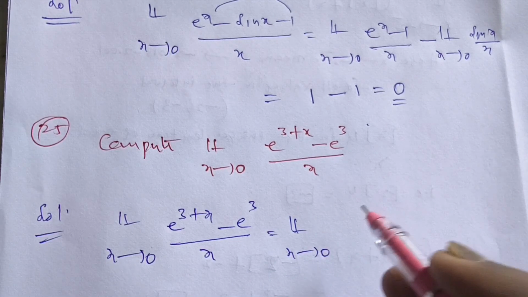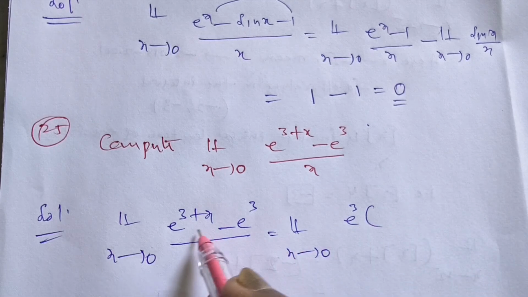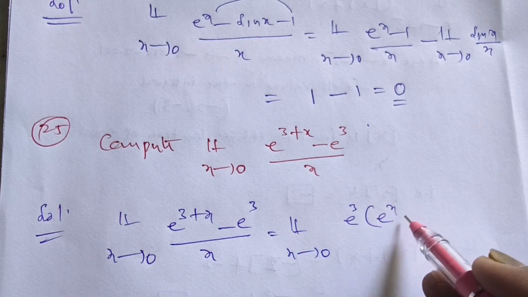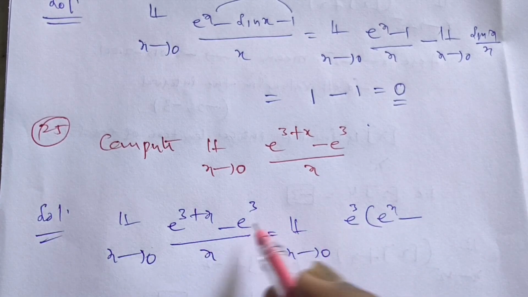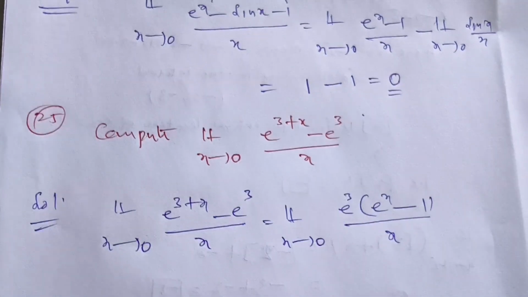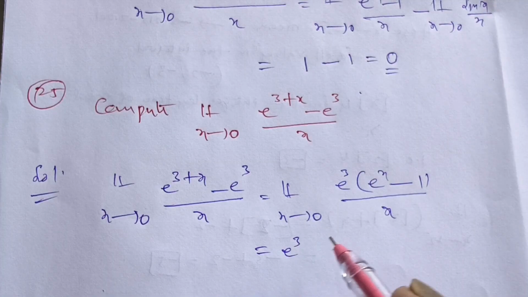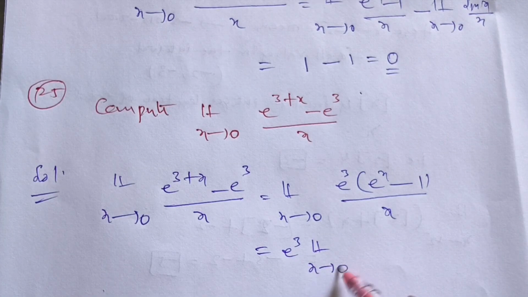Compute limit x tends to 0, e power 3 plus x minus e power 3 by x. To solve this, put e power 3 as common. So limit x tends to 0, e power 3 of e power x minus 1 by x.